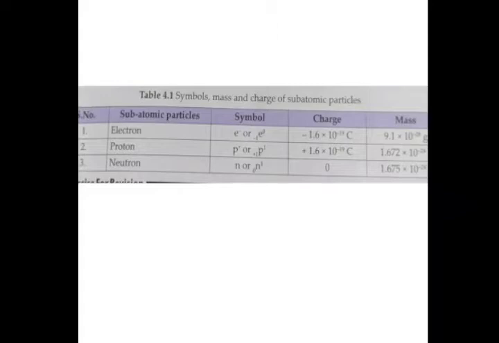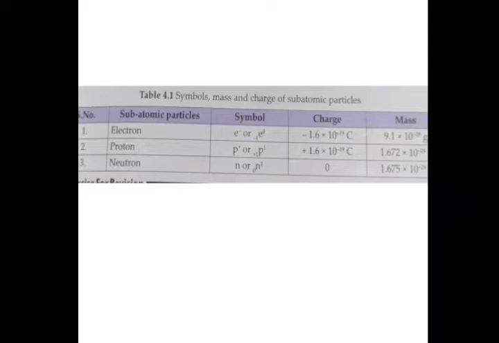And similarly with the mass, you can write the mass of electron as 1.67 into 10 to the power of 24 grams, and same with the mass of the proton also. Is that clear?